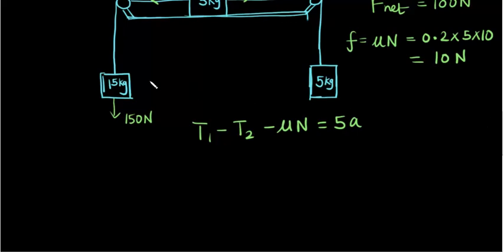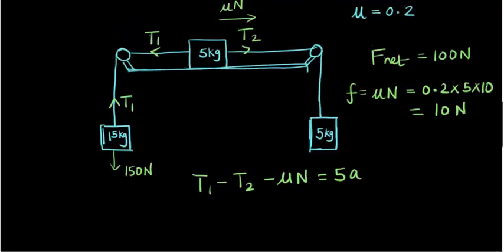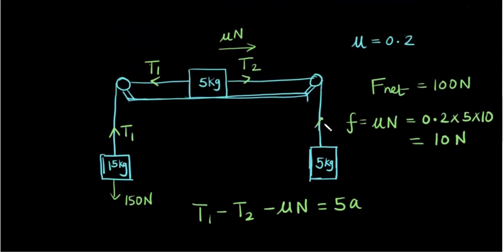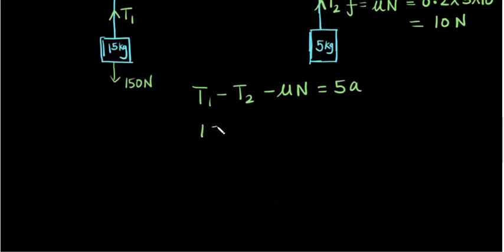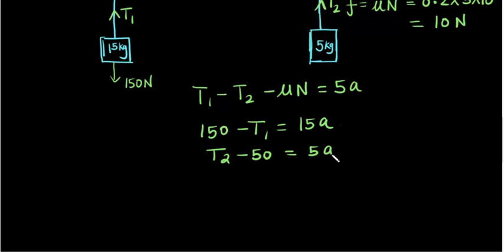Now for the 15 kg block, in this string I have T1, because the string is same. Here also the tension will be T2. The acceleration of the 15 kg block will be same as the 5 kg block. So 150 minus T1 is equal to 15 times A. And similarly for the 5 kg block, I can write T2 minus 50 is equal to 5 times A.